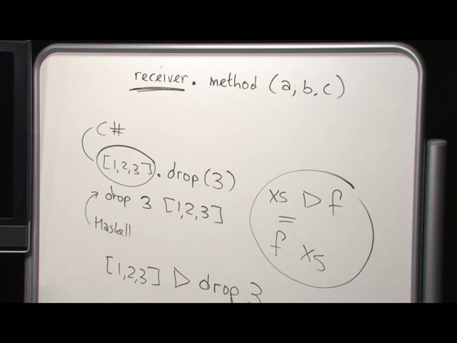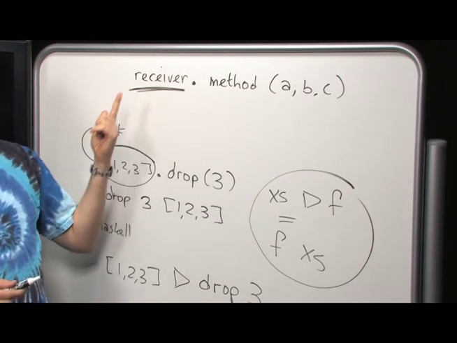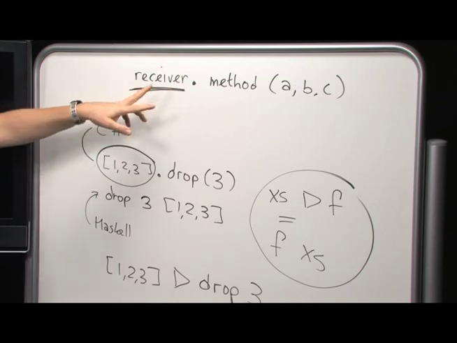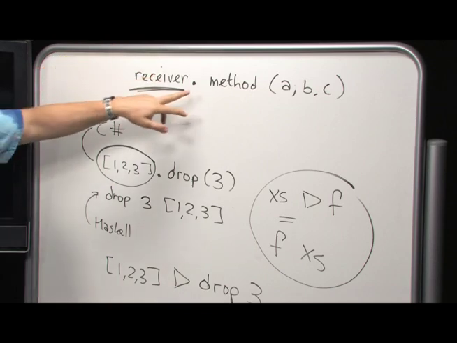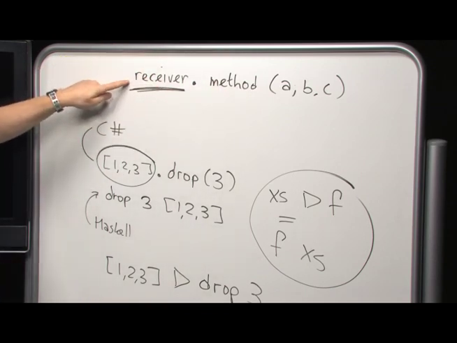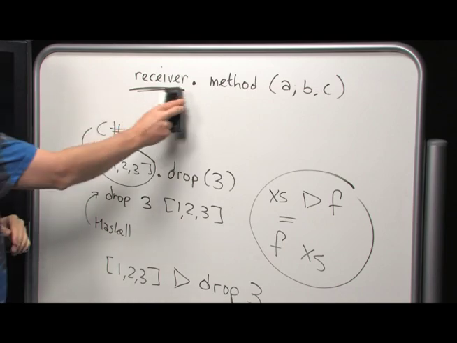One way to look at it is I'm sending this message to that object. In functional programming, there's no single argument that's more important. And again, if this is a virtual method, based on the dynamic type of this, it will do a dynamic dispatch. So it's the receiver that's the most important thing.